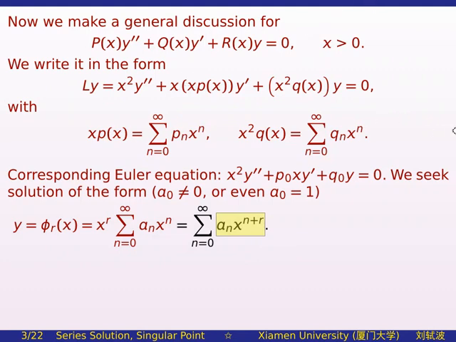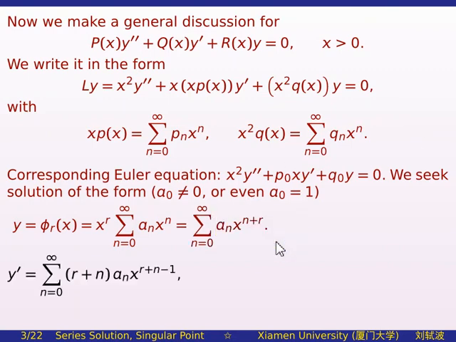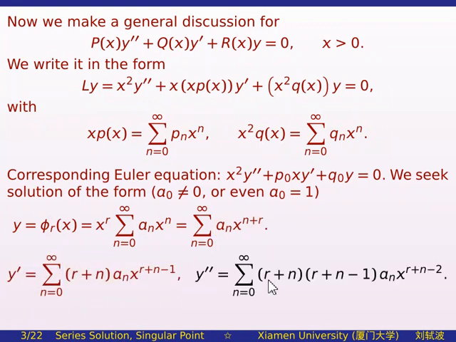So we compute the derivative. Because power series can be differentiated term by term, y prime is the sum of the derivative of an x^(n+r), which is (r+n) an x^(r+n-1). So this is the first order derivative of y. And similarly, we compute the second order derivative by differentiating the power series expression of y prime term by term, which gives us y double prime as the sum of (r+n)(r+n-1) an x^(r+n-2).